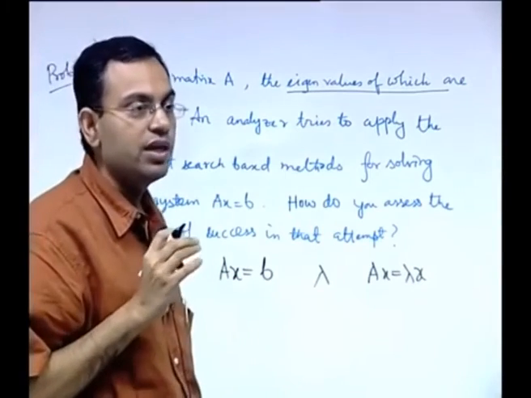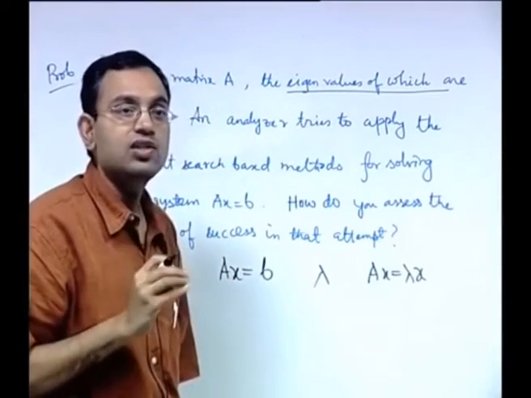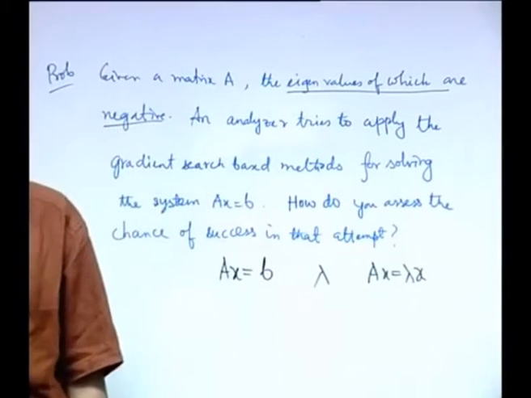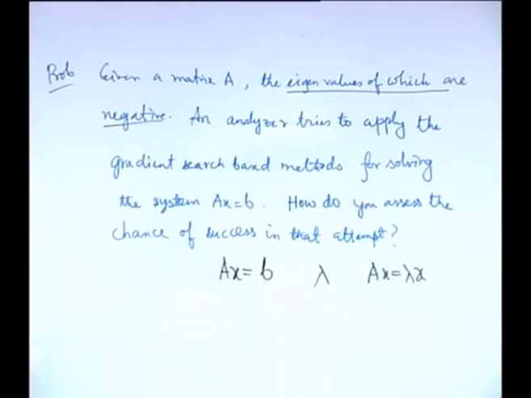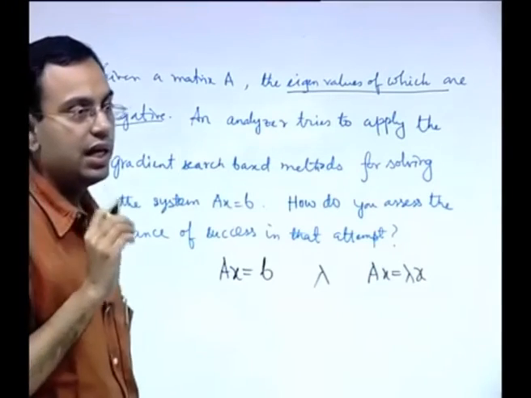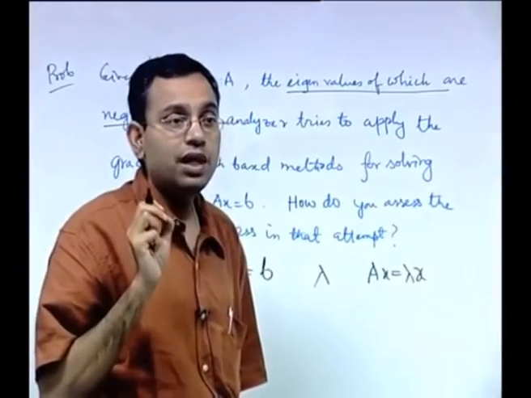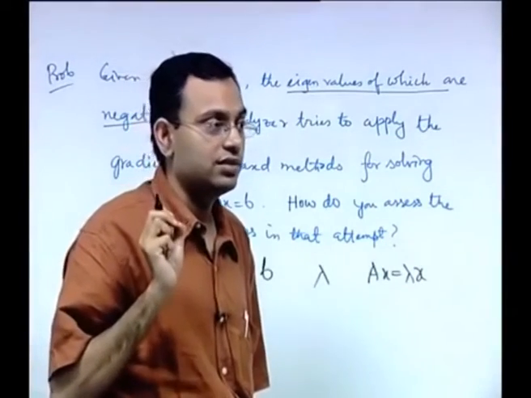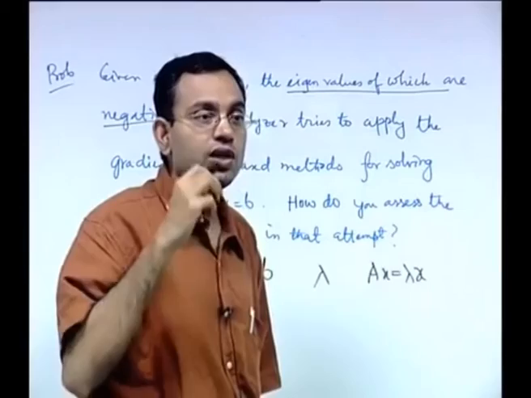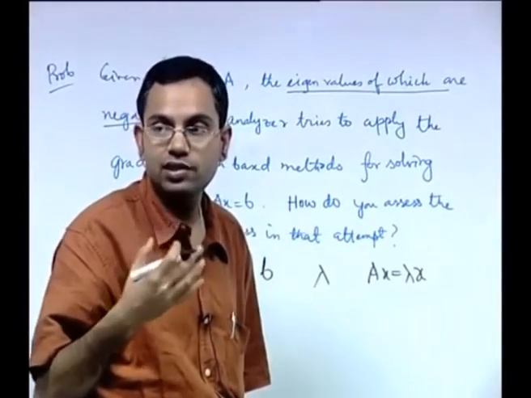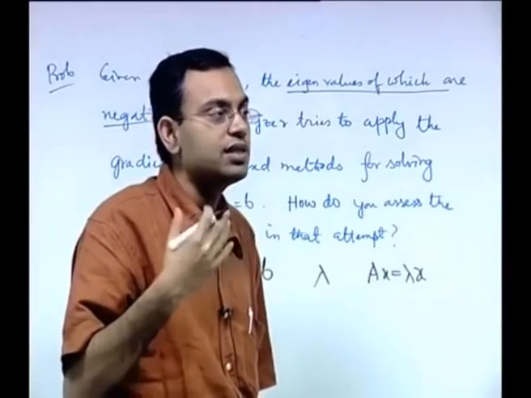One is A has to be symmetric, another is A has to be positive definite, because we have shown that the symmetric condition is good enough to have the gradient of the function f equal to 0 corresponding to Ax equal to b, but that does not ensure a minimization. A minimization on top of that is ensured by positive definiteness of A over and above the symmetry requirement.